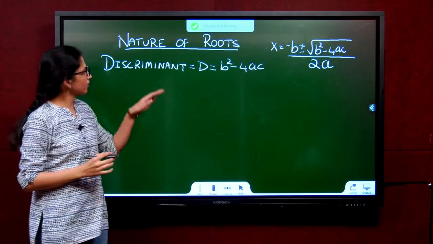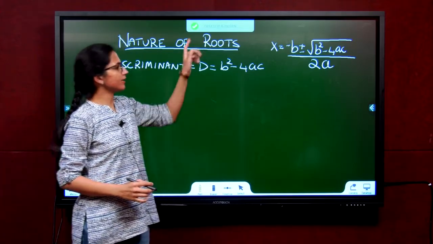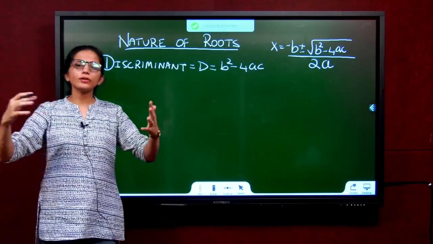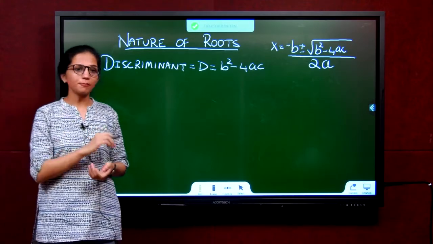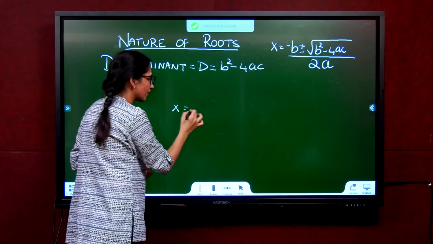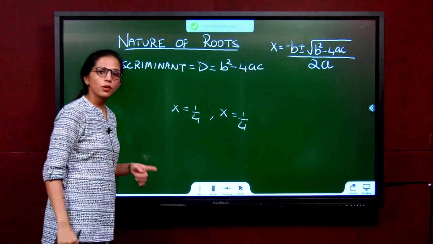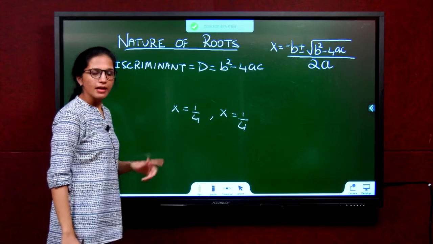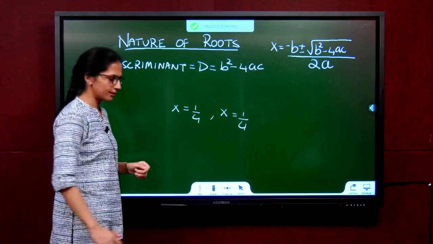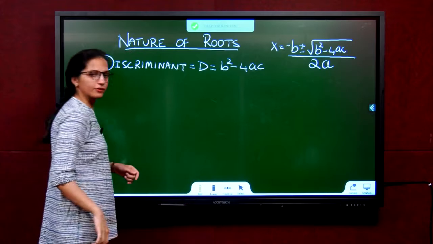What the discriminant tells you is the nature of the roots. Until now we saw so many quadratic equations and we found the values of x. We observed in a few cases we got the same value of x. So what did I tell you that time? It is possible to get equal solutions. The same value of x can exist. So this discriminant will give you the answer for that.